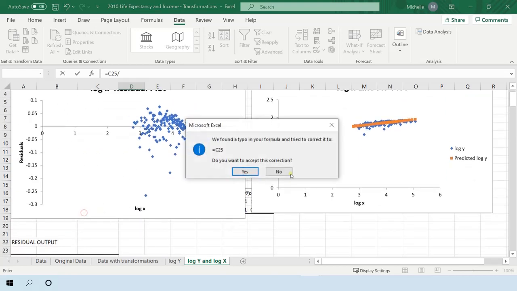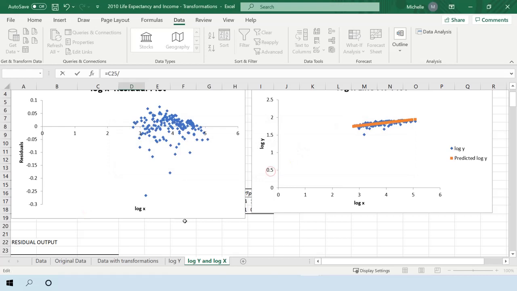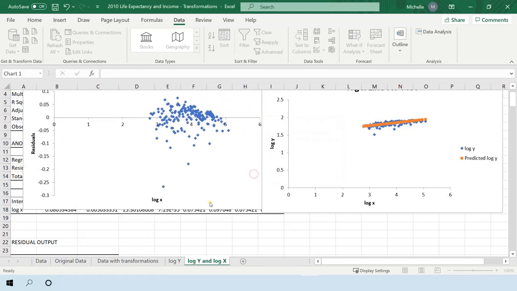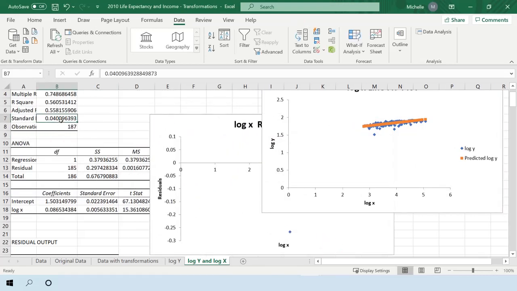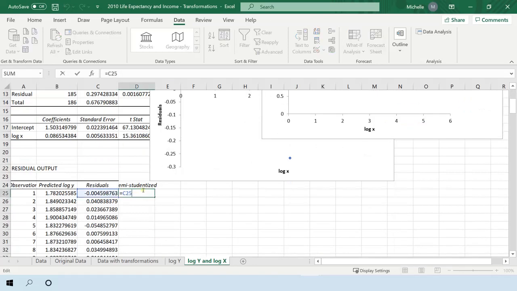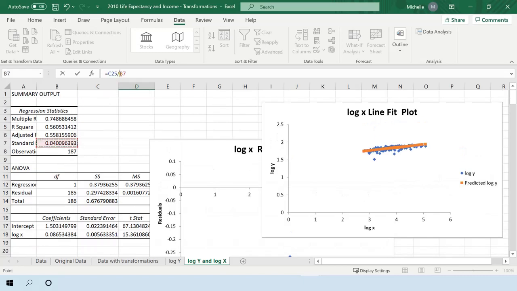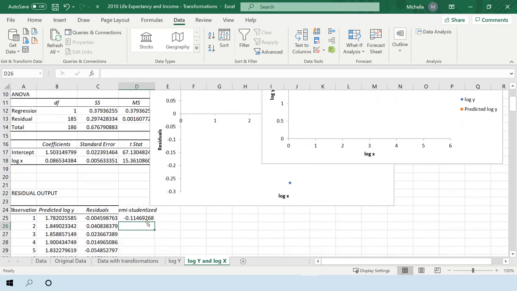looks like this is covering it, so let me just move this plot. Divided by the standard error of the model, which is right here. So this guy divided by this guy, lock that there, B7, press enter.